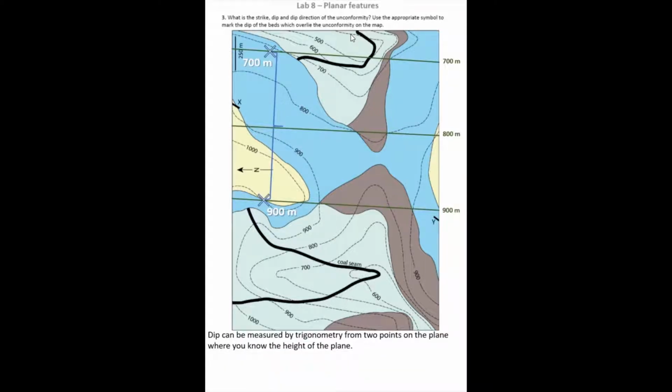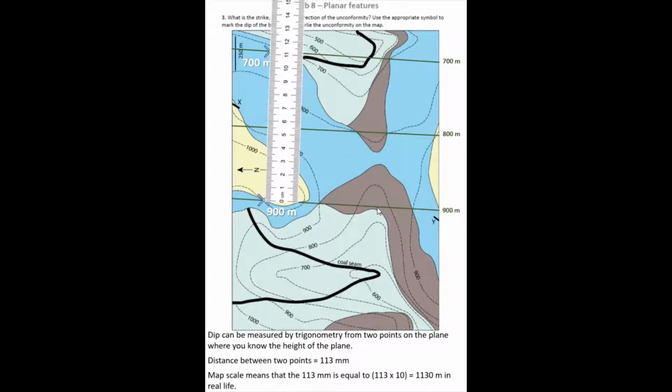To measure the dip, we need 2 points along the unconformity where we know the height of the plane, and between these 2 points in the dip direction, perpendicular to the structural contours. Here the height of the unconformity is 900 and here it's at 700, so there's a 200 meter change over this horizontal distance. Measuring that horizontal distance between those 2 points, we see that it is 113 millimeters.